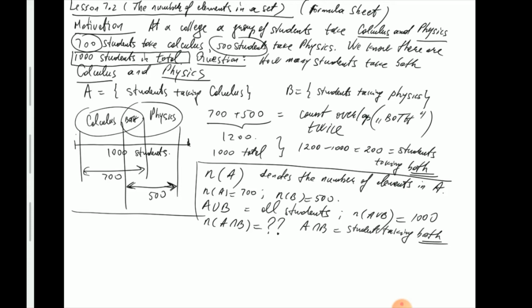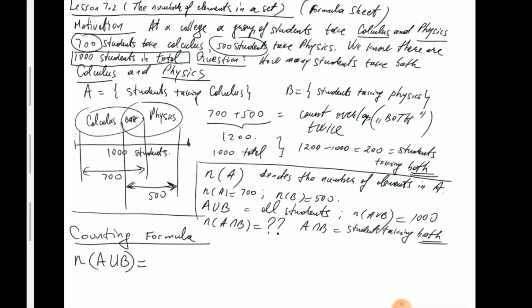physics and math. So what we call in this section the counting formula is simply a formula for the number of elements in the union of two sets.